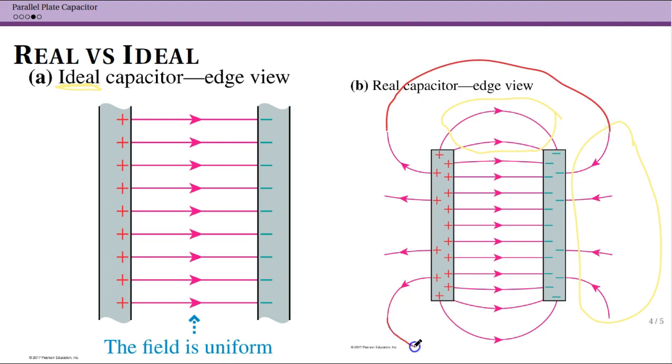That's all that's happening here. So that's a real capacitor, but this is kind of a nightmare to calculate. So in order to not calculate this, we are instead going to always treat them as ideal. So again, even if we do talk about a finite size, we'll still use the infinite plane approximation.